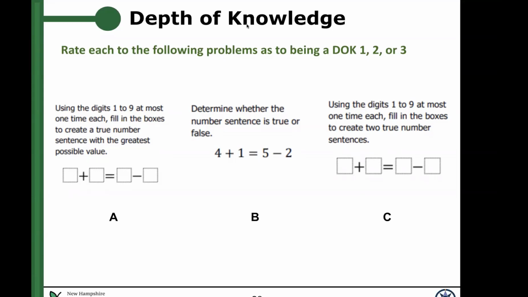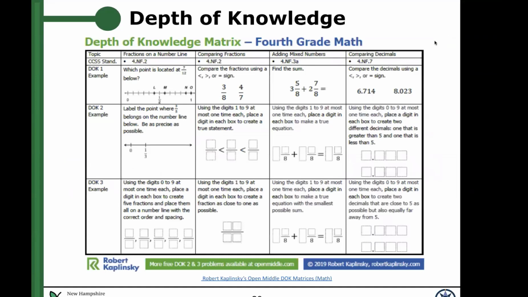So again, I'm going to use the digits 1 to 9, at most one time each, to fill in the boxes with a true number statement, but with the greatest possible value. So they really have to think about where they're placing the digits to get the greatest possible value with any of the digits 1 to 9.